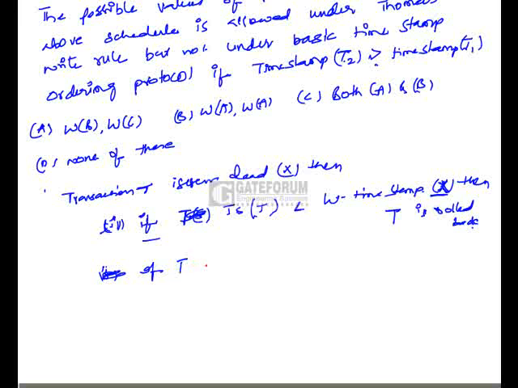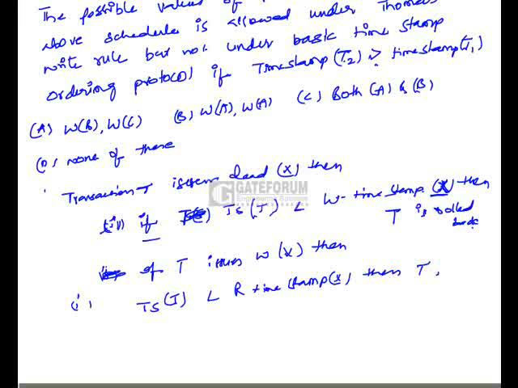If transaction T issues a write operation on X, then it will be compared with the read timestamp and write timestamp of the data item X. If the timestamp of T is less than the read timestamp of X, then T is rolled back.